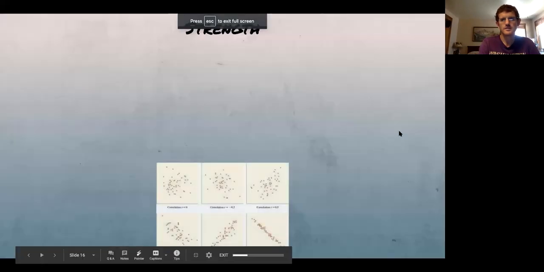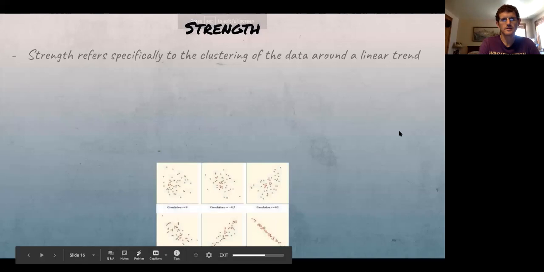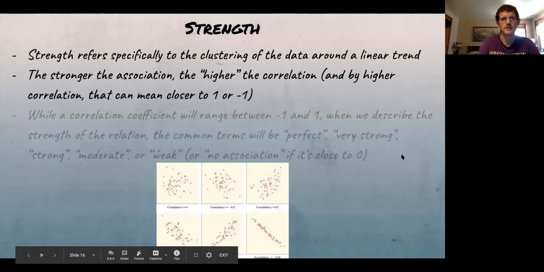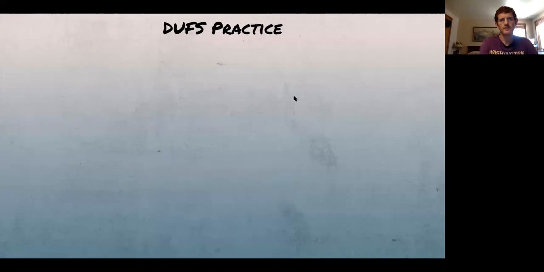So let's move here, and we're going to get a little bit of practice. And what I want you guys to do, I'm going to ask someone to speak up. I'm going to show 4 different scatter plots, and I want you to use DUFs to describe it. So describe the direction, the unusual features, the form, and the strength of these scatter plots.